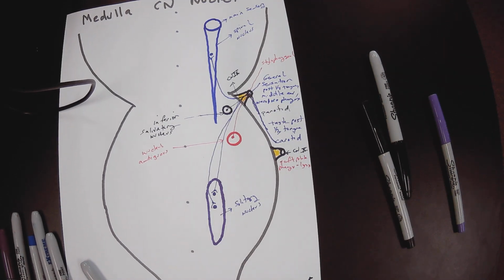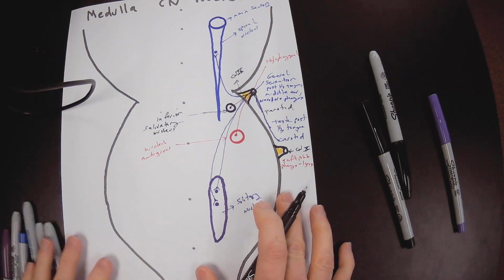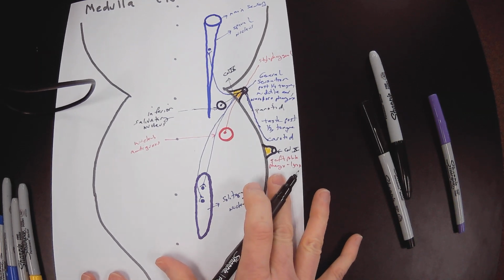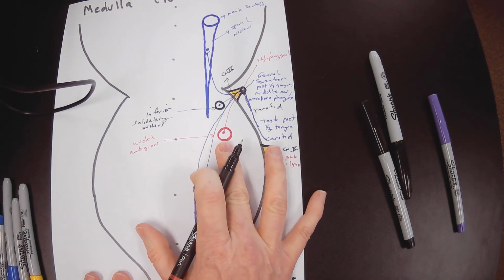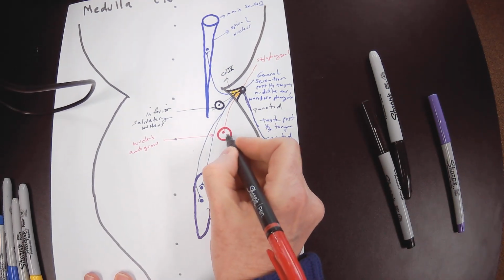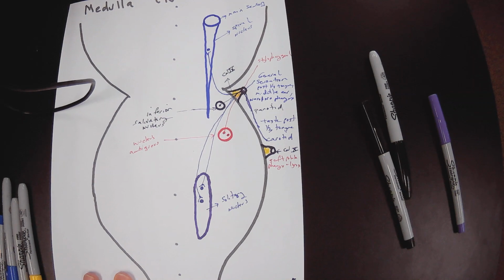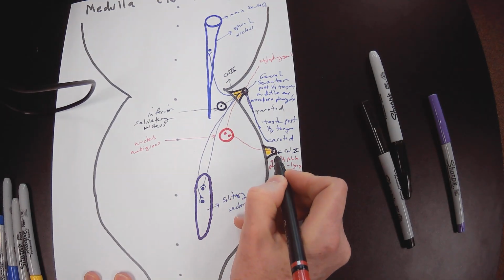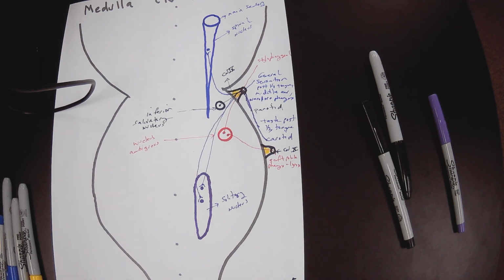I'm just thinking about function now. To innervate muscles of the soft palate, pharynx, and larynx, it's going to use the nucleus ambiguus, just like cranial nerve number 9 does. So neuronal cell bodies located in the nucleus ambiguus are going to be part of cranial nerve number 10, specifically to innervate those muscles.